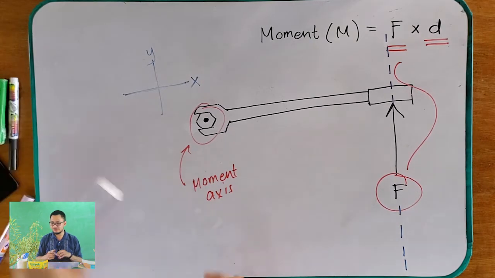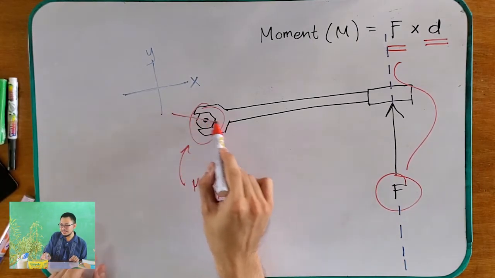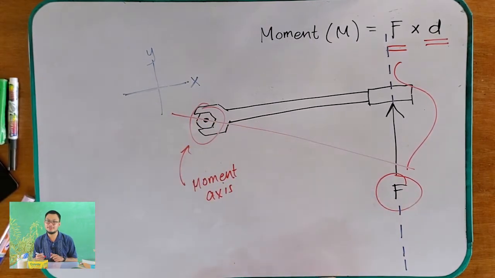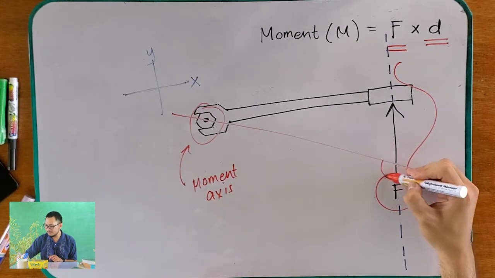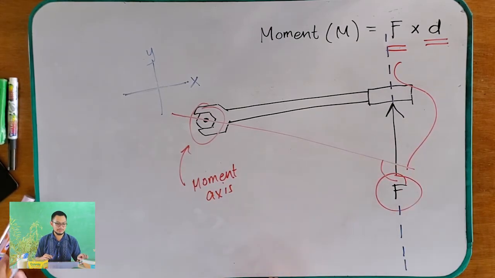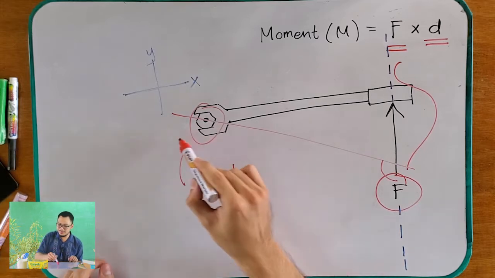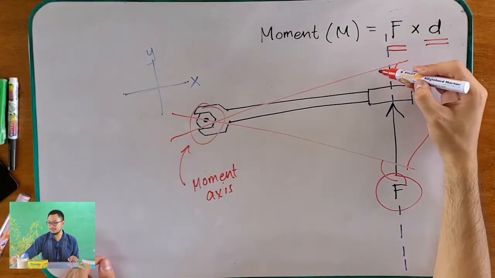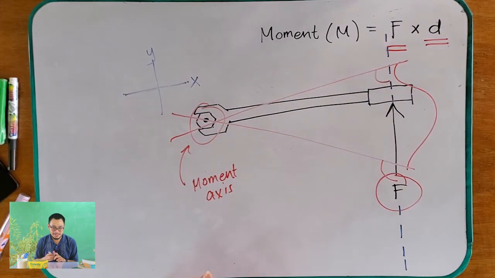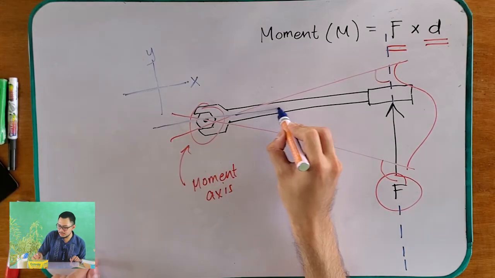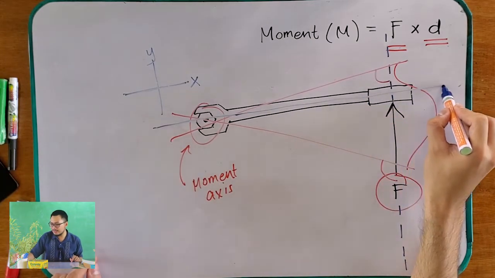So, question: is this perpendicular? No, this is not perpendicular. Is this perpendicular? No, this is not perpendicular. So where should the perpendicular line be? Of course, it should be along that direction.